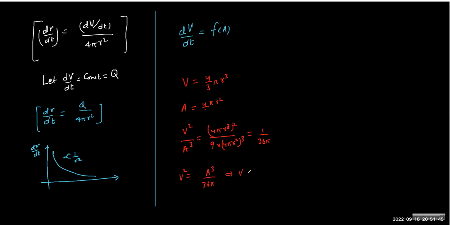This implies V equals to A power 3 by 2 over 6 root pi. So V equals to, and now you can differentiate, right?